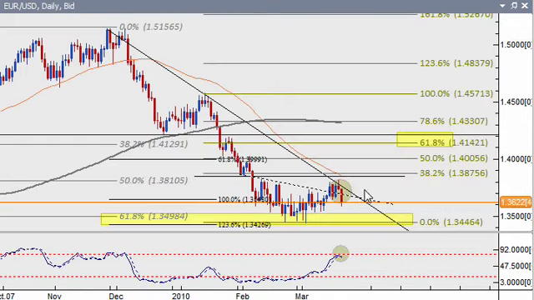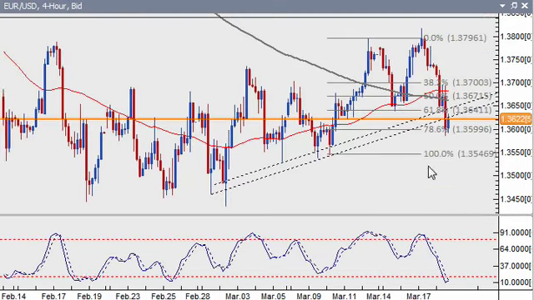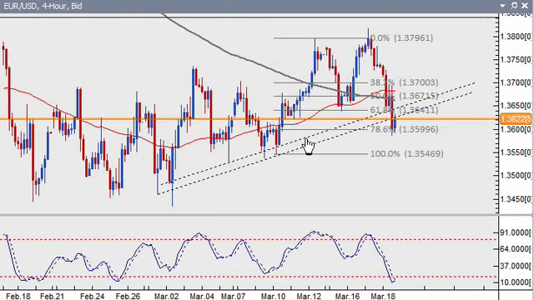Looking at the 4-hour time frame, we see that the signal is in place. We have a break of our rising trend line. However, in the short term, it has not confirmed the decline.